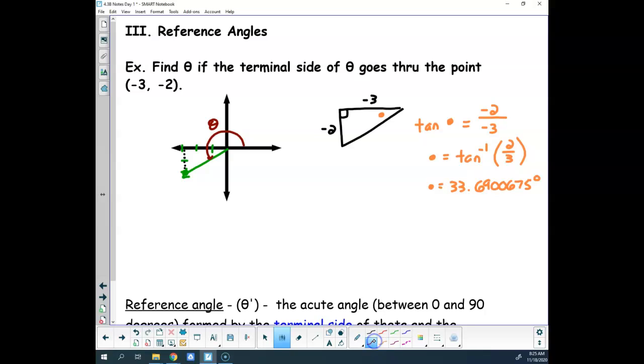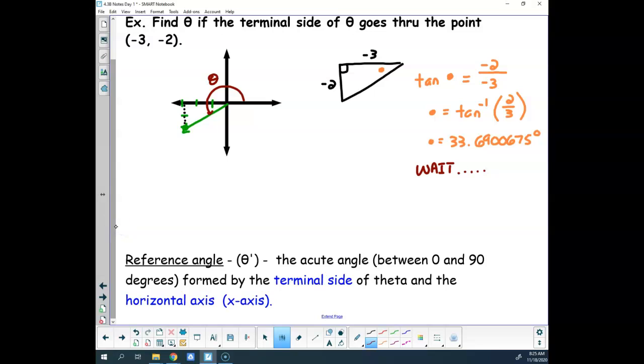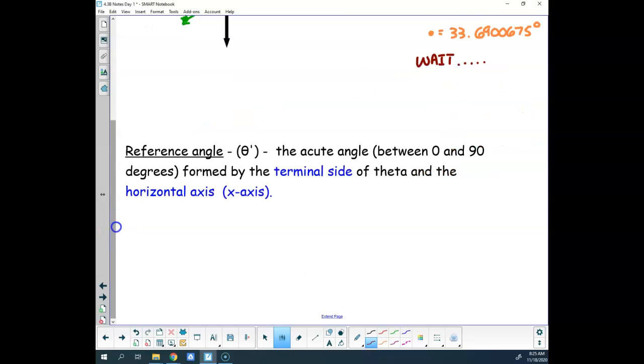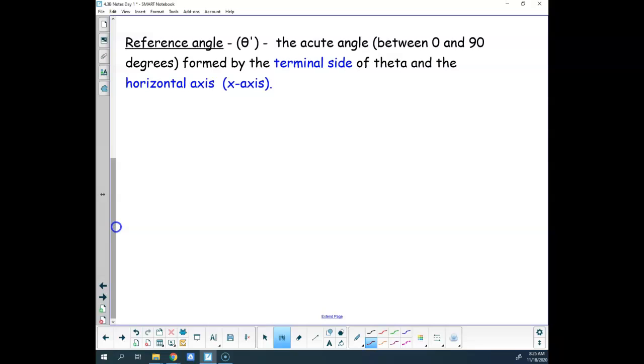So what we actually found was the reference angle. The reference angle is going to be a little confusing for you, but I'm going to hopefully make it less confusing.